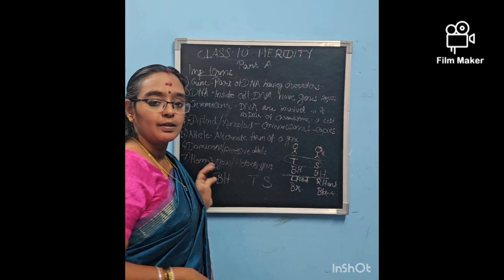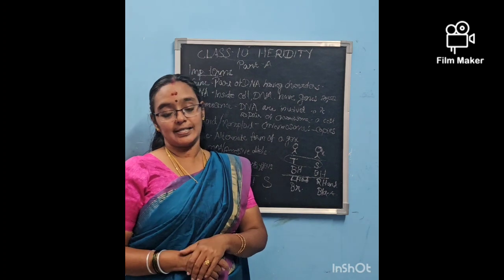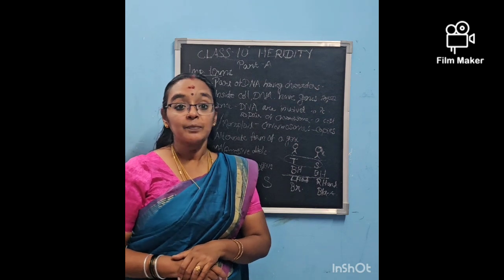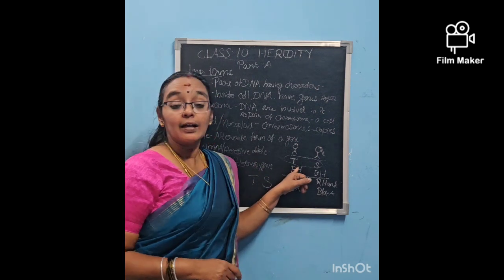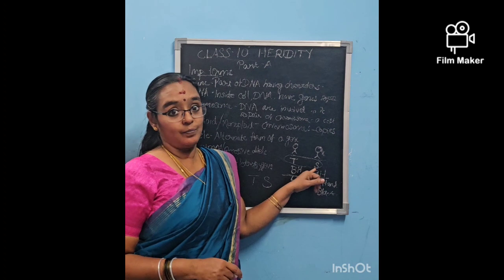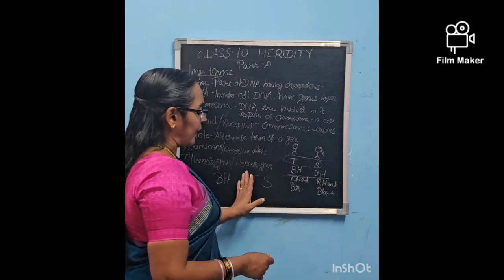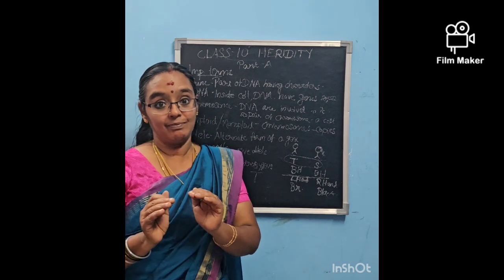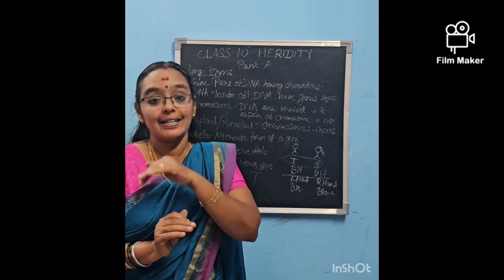And what is heterozygous? It is the hybrid form. Hybrid form means, as I told you, this baby can be tall, and if the baby is tall, he has shortness in him, but it is hiding inside.